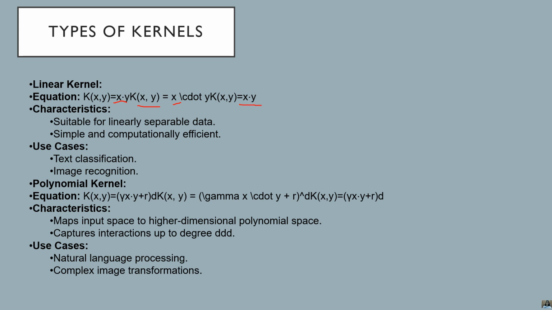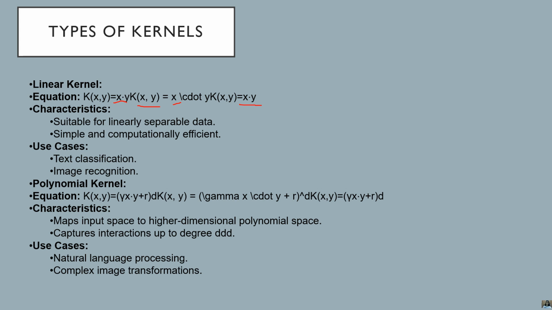What are the characteristics of this linear kernel? It is suitable for linearly separable data, simple and computationally efficient. What are the use cases of this linear kernel? Text classification and image recognition. These are the use cases of the linear kernel.